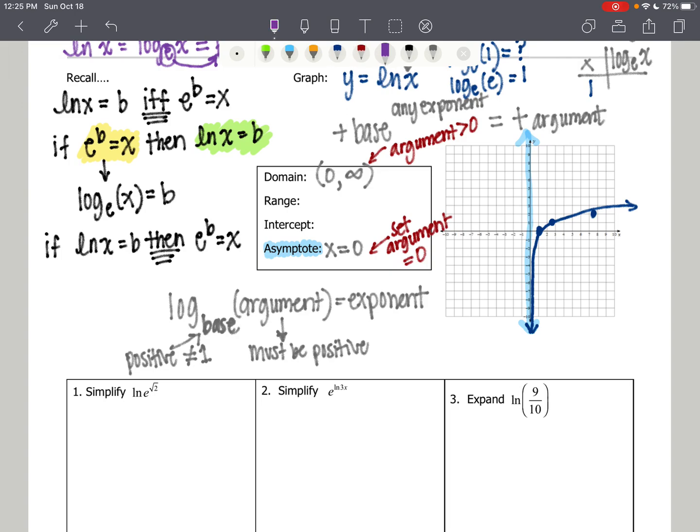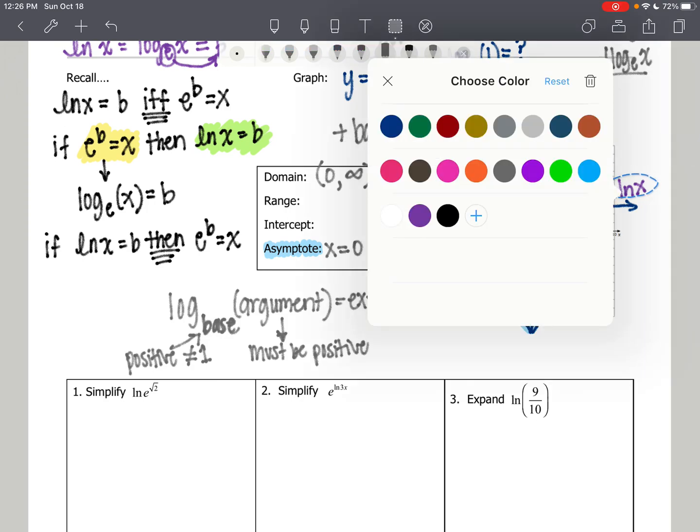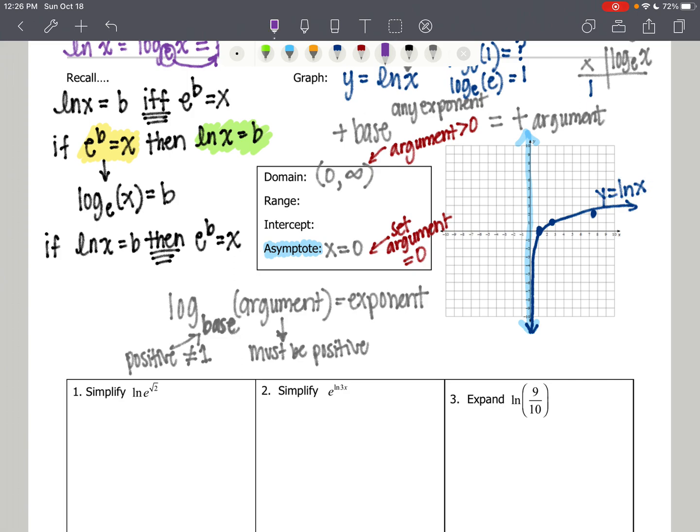Now, if you were a little confused about that, remember that y equals the natural log of x is the inverse of y equals e to the x. So I'm going to graph y equals e to the x. Let me change this color because I want to do this in purple. So in purple, y equals e to the x: 0, 1, 1, 2.7-ish, 2, 7.4-ish.